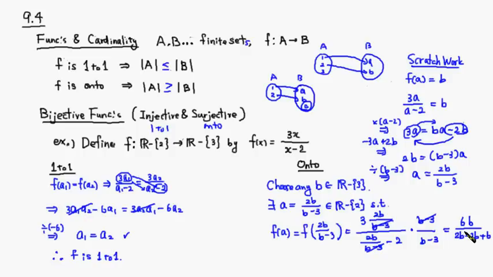So you can cancel the 2b and negative 2b, and the 6 and the 6 cancel, which gives you exactly b. So we found the a such that f of a is exactly equal to b. Therefore this function f is also onto. All right, that's it. I hope that this was clear.